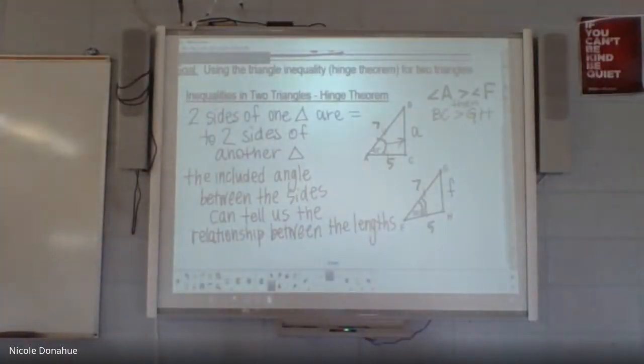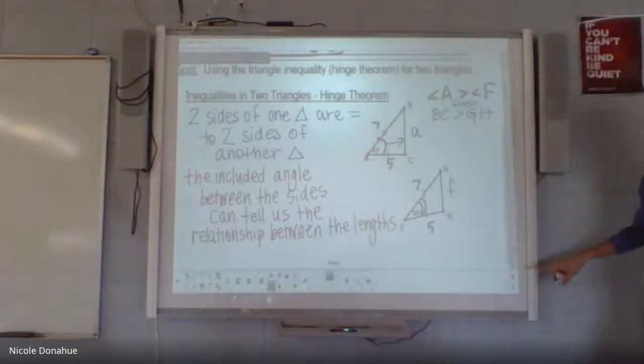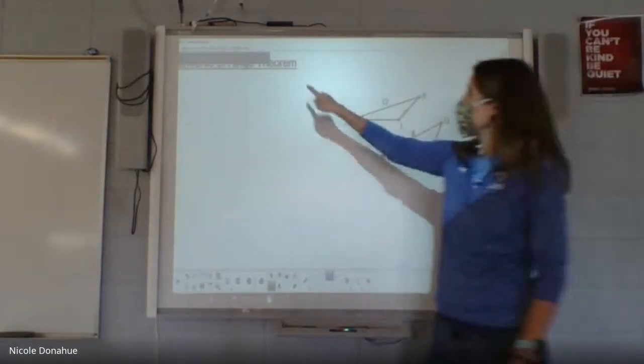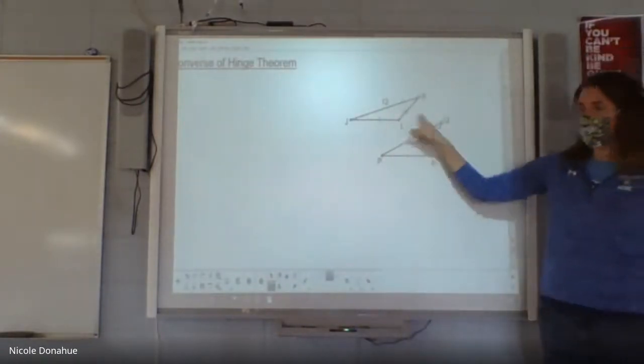And then we're going to write this down as the converse too, so the other way goes as well. The reverse of this also works. So I know these side lengths. I know this is 12 and this is 8. Again, I have these two equal sides.